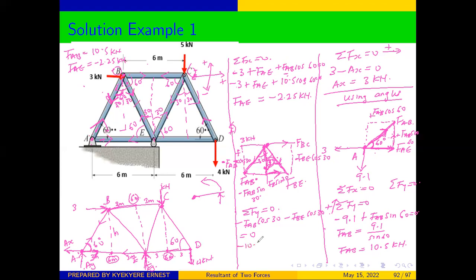Therefore, negative 10.5 cos 30, minus FBE cos 30 is equal to 0. And from here we can calculate FBE.